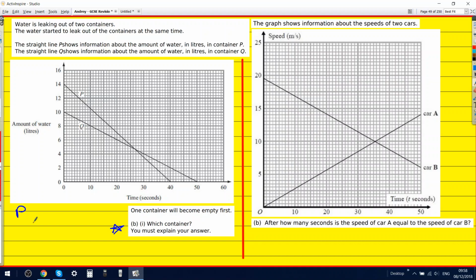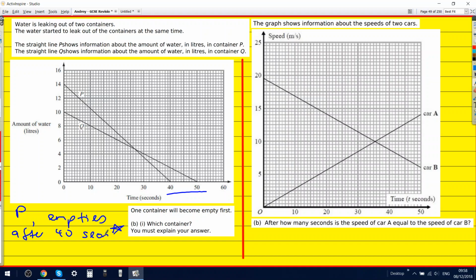Yeah, explain your answer. Because it takes less time to empty out its water. Just simpler. Because it takes 40 seconds and Q takes 50. Yeah, empties after 40 seconds.